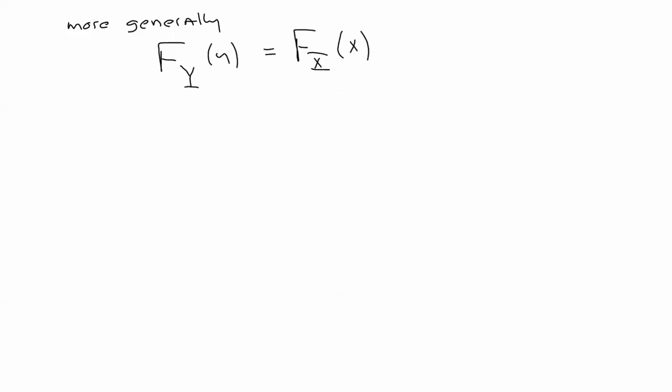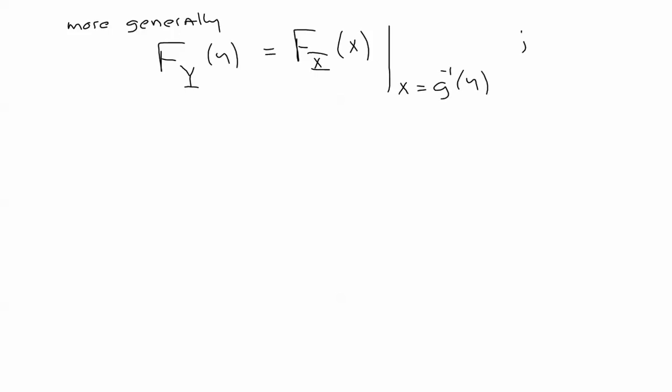So, more generally, I can make this statement. More generally, the cumulative distribution function for y equals the cumulative distribution for x if I everywhere substitute x equals g inverse of y.